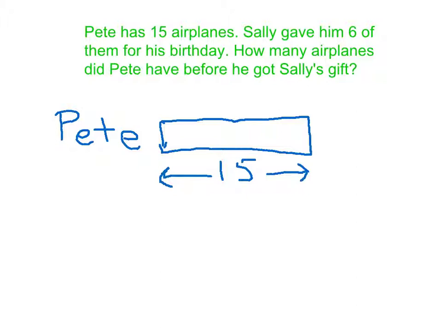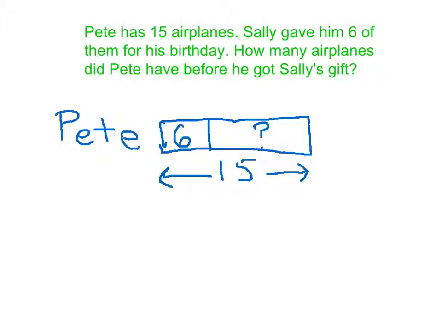Sally gave him 6 of them for his birthday, so Sally gave him part of this 15. So I'm going to split the 15, put the 6 in here. How many airplanes did Pete have before he got Sally's gift? So my question is, how much would fit right into that part of the bar?